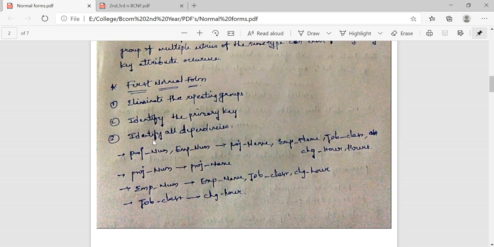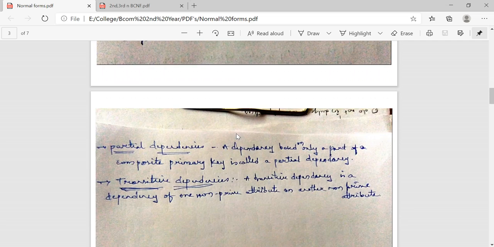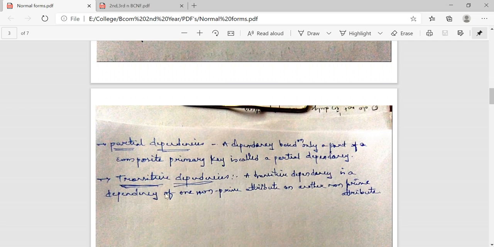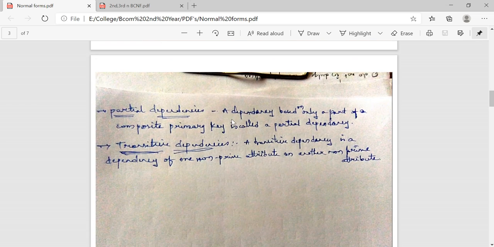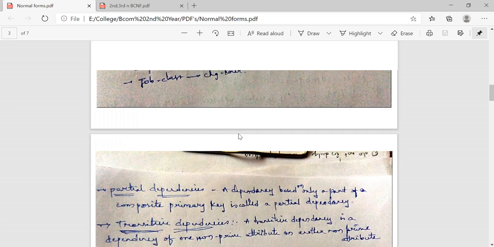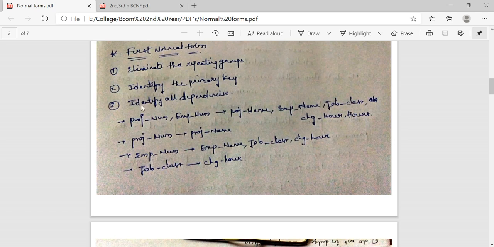But where comes the problem? The problem comes when there is partial dependency and transitive dependency. What is partial dependency? A dependency based only on a part of a composite primary key is called partial dependency. Already I have told you, here the key is made up of two attributes, project number and EMP number. But project name can be identified only with the help of project number.